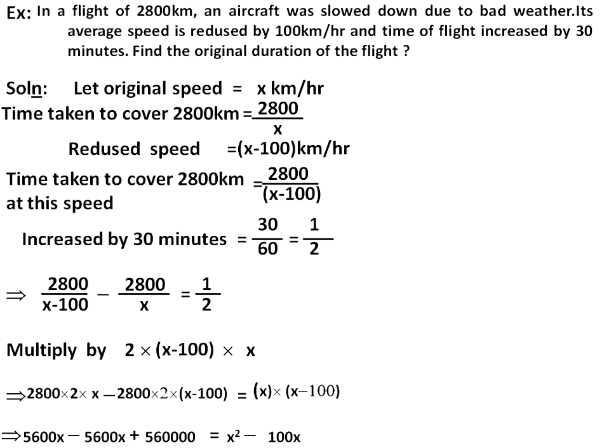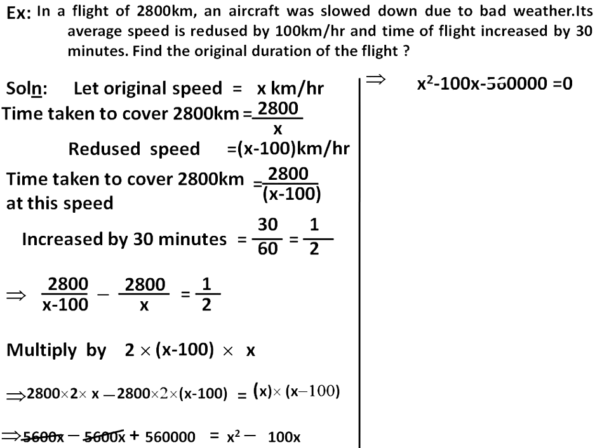The same terms with different sign, 5600x minus 5600x cancelled. So I got x square minus 100x minus 5,60,000 is equal to 0. I got a quadratic equation.